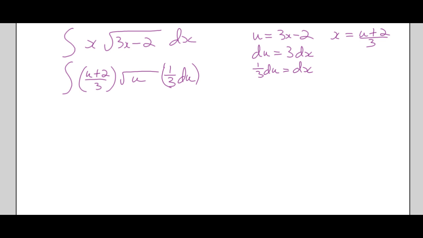Okay, so what's our constant that's going to come out? 1/9. You've got 3 and then 3 in the denominator, everything's being multiplied together. So 1/9. Okay, so what do we got? u plus 2, root u, du.